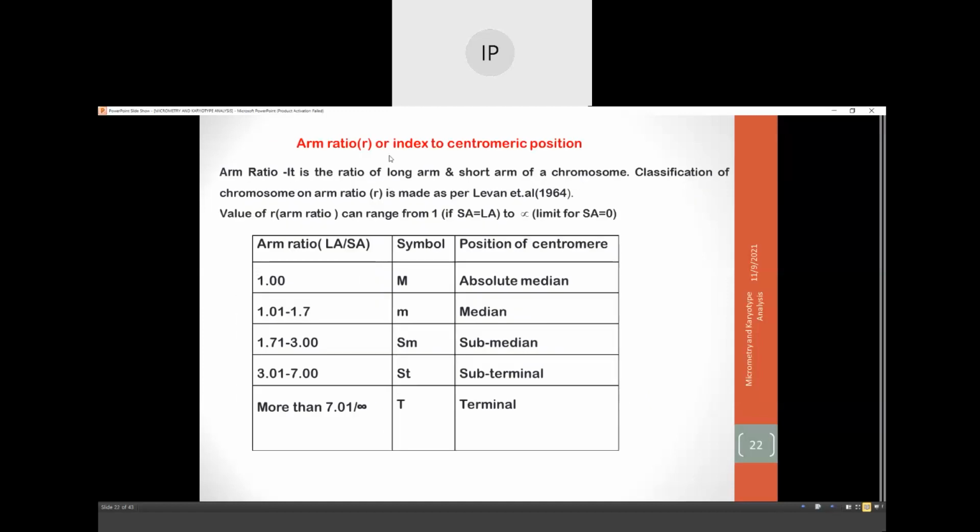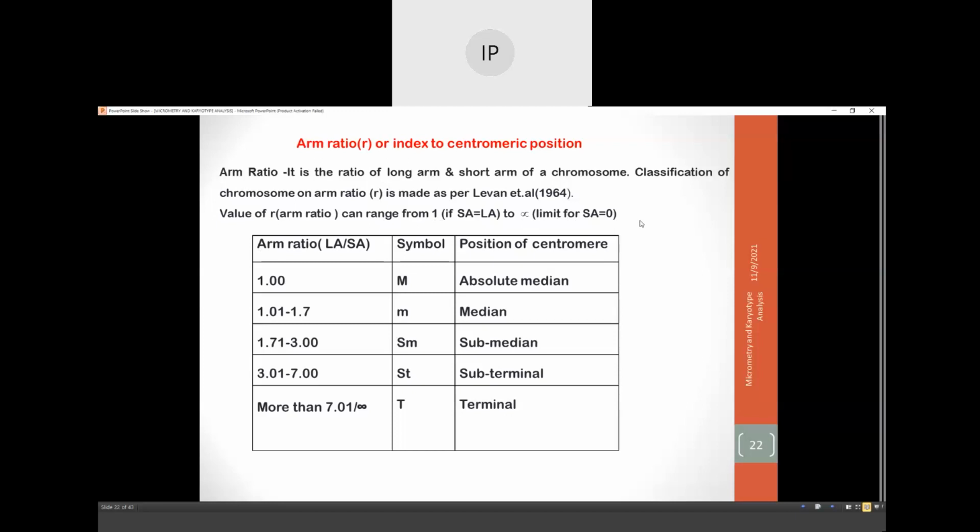Arm ratio or index to centromeric position. Arm ratio is the ratio of long arm and short arm of chromosome. Classification of chromosomes on arm ratio is made as per Levan 1964. Value of arm ratio can range from 1 if short arm is equal to long arm to infinite.